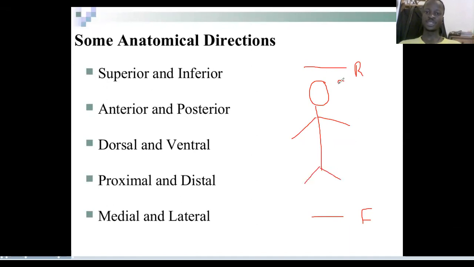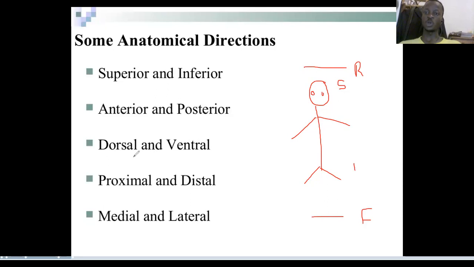This becomes superior, this becomes inferior. The anterior surface, where we are going to appreciate the eyes and everything going down, that's anterior. Posterior is behind. Others would like to use ventral and dorsal respectively as well.